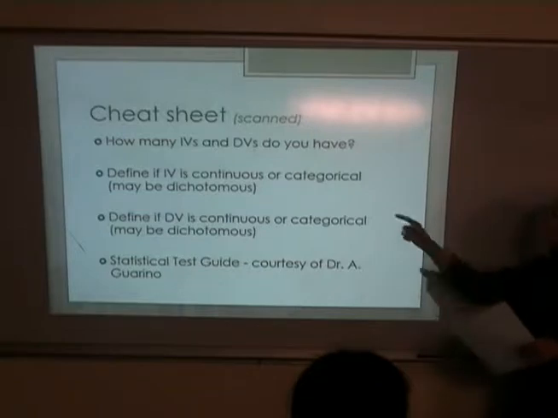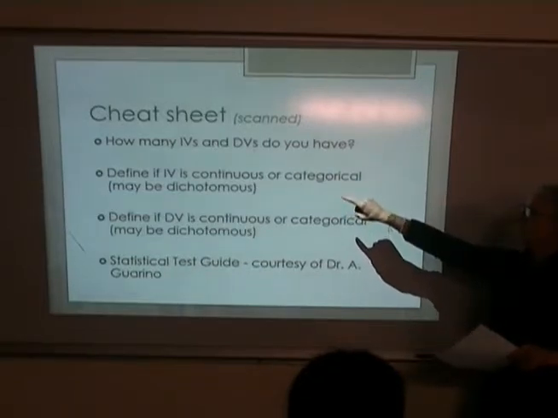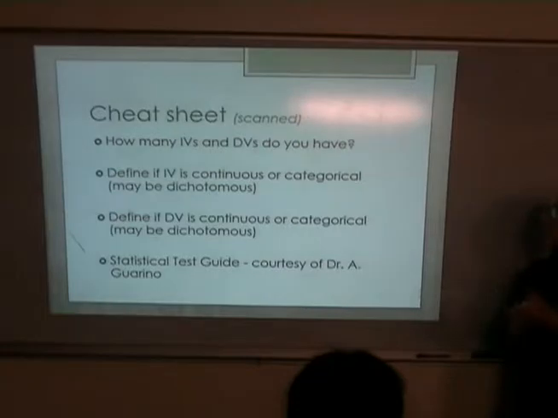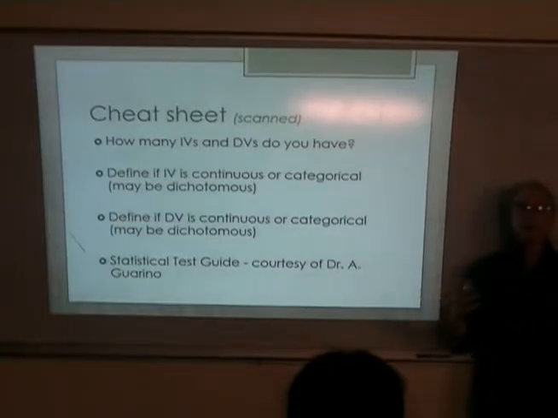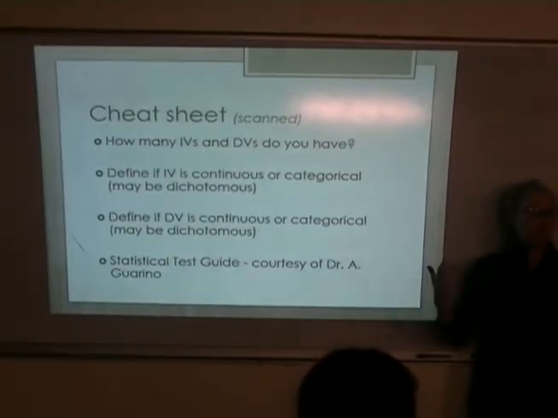So we have to define if our independent variable is continuous, right? If it's continuous, that would be like I am running a distance and we're timing it. So time is continuous, okay?